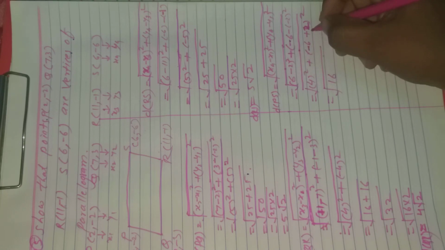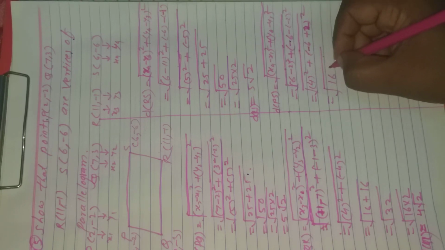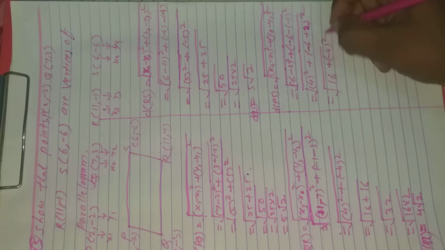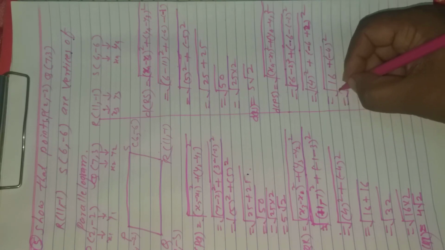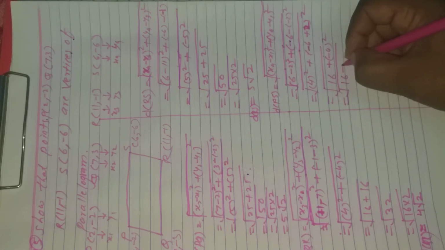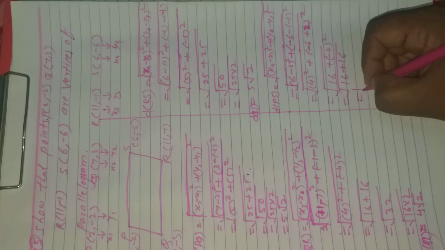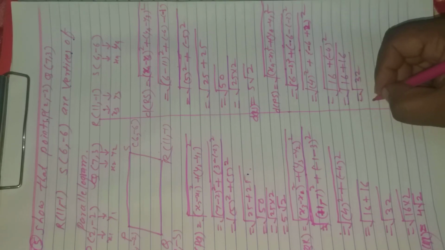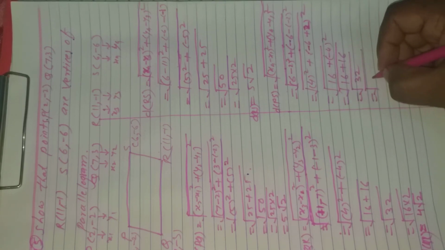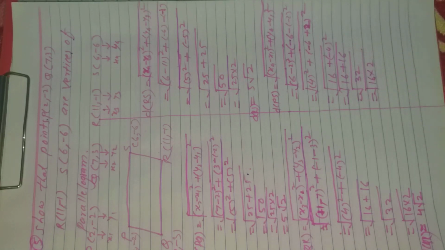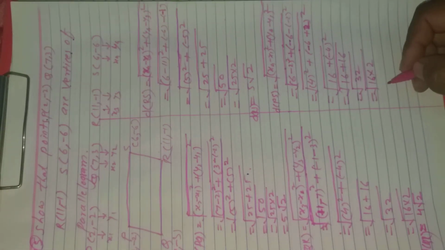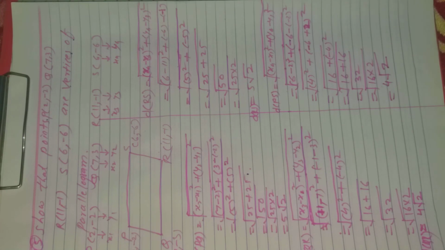This minus 6 plus 2 becomes minus 4 square, that is also 16. Now 16 plus 16 is 32. Now we can make the factors of 32, that is 16 times 2 is 32. One of them is a perfect square, that is 16 becomes 4 when it comes outside the under root sign and 2 remains as it is.